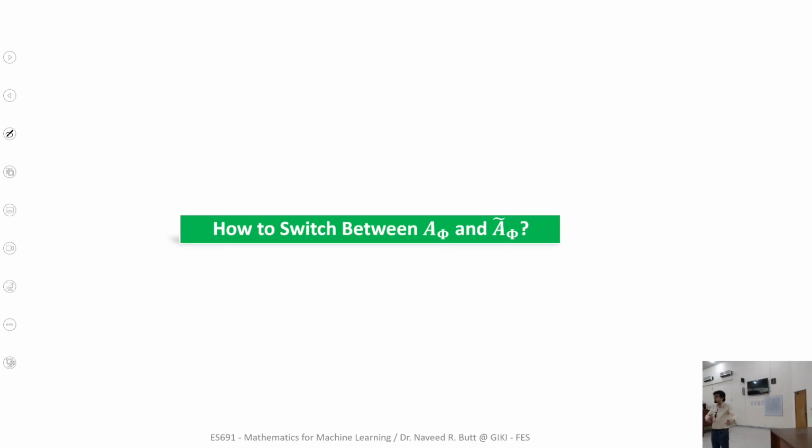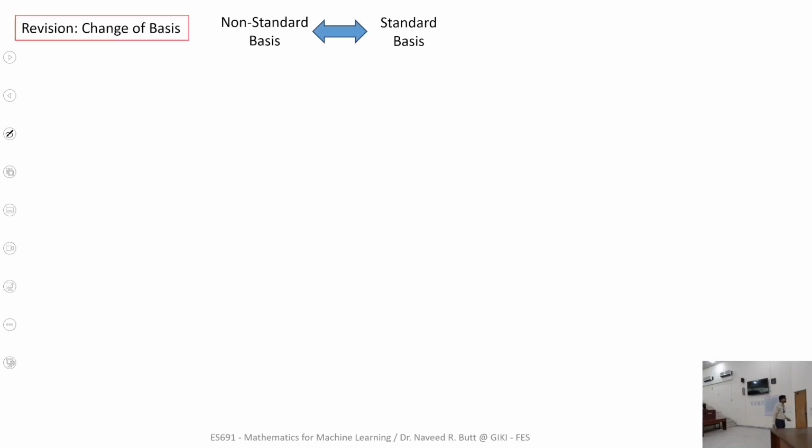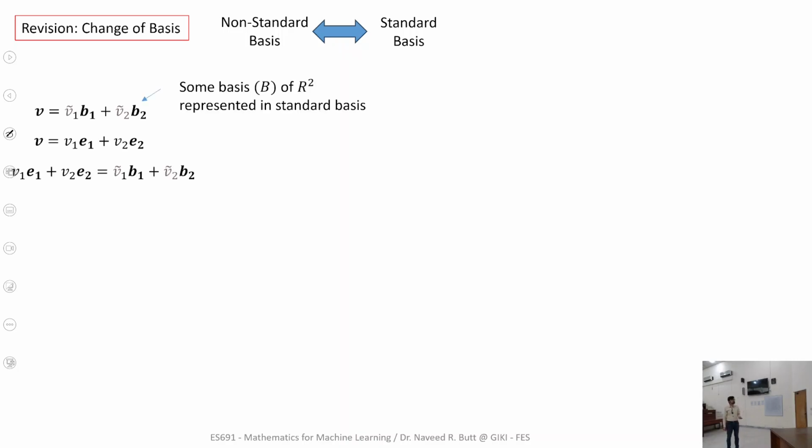Then once you understand it on functions, then you can understand it on a slightly bigger concept. So before we switch the basis for a phi to a phi tilde, let's see what we know from undergraduate maths, let's say we want to change basis of a vector from non-standard basis to standard basis.